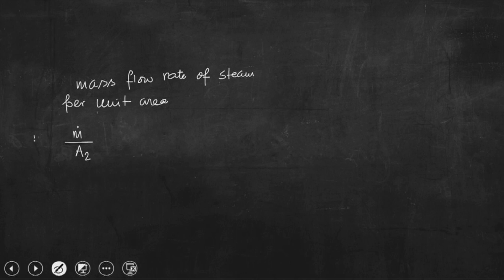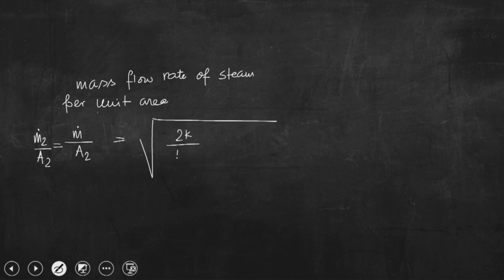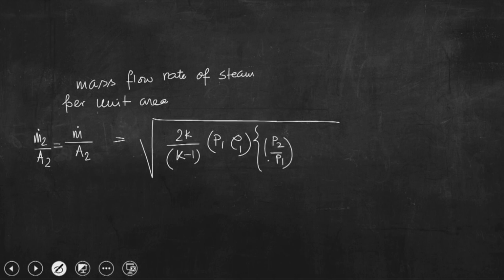So, this is m dot 2 by A 2, equal to under root 2 k by k minus 1 into P 1 rho 1 and P 2 by P 1 power 2 upon k minus P 2 by P 1 power k plus 1 upon k.